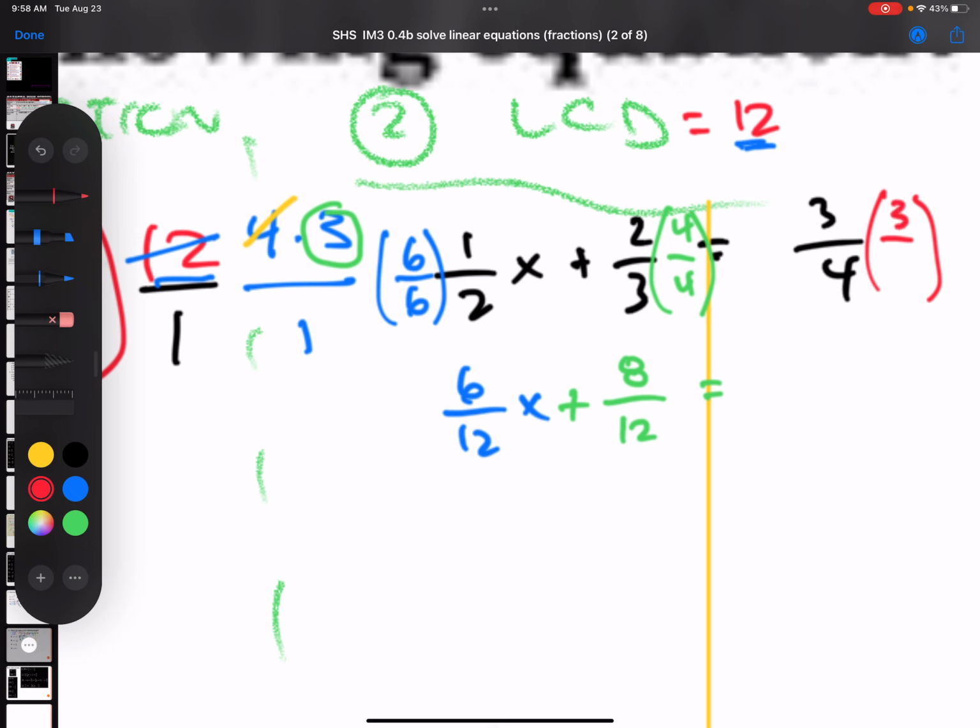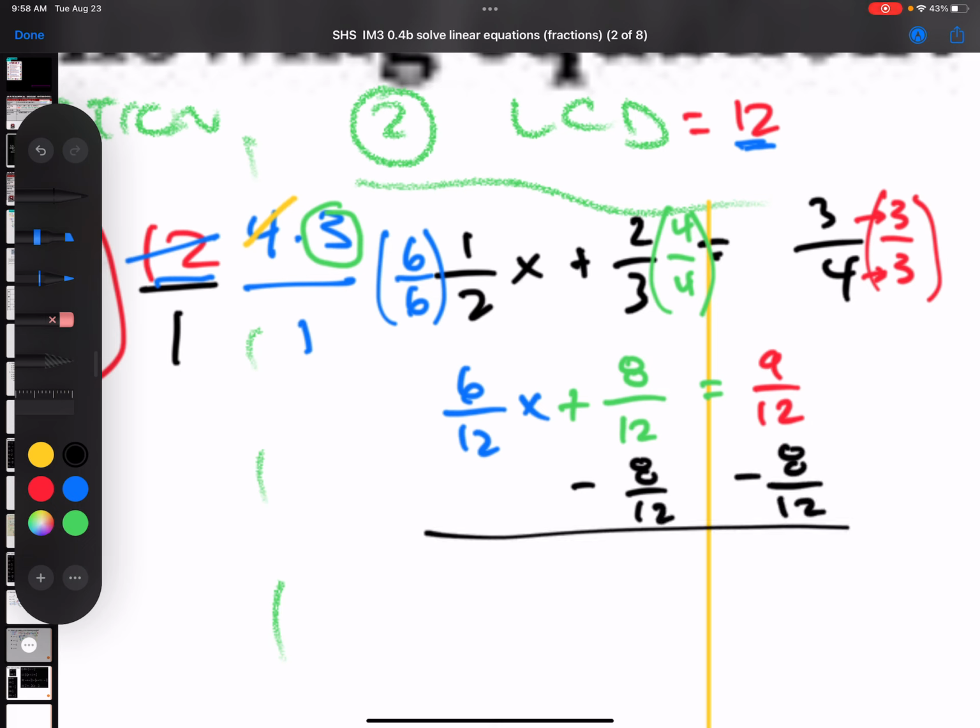That's right, a 3. And you multiply across and you get what? 9 over 12. I'm going to subtract 8/12. So I get 9 minus 8 gives me 1/12.